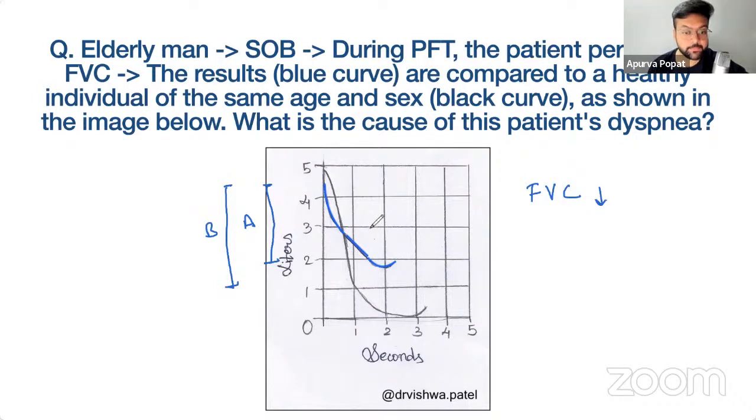A is FEV1, right? And B is FVC. Yes, actually.